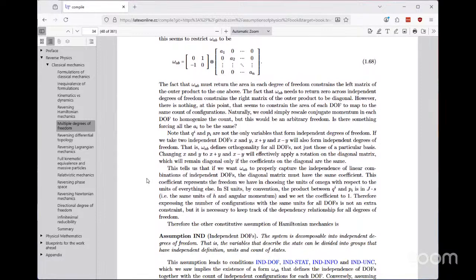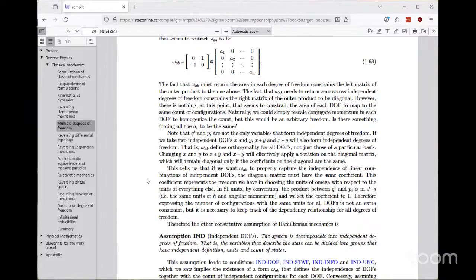Note that Qi and Pi are not the only variables that form independent degrees of freedom. If we take two independent degrees of freedom, x and y, x plus y and x minus y will also form independent degrees of freedom. That is, omega AB defines orthogonality for all degrees of freedom, not just those of particular bases.